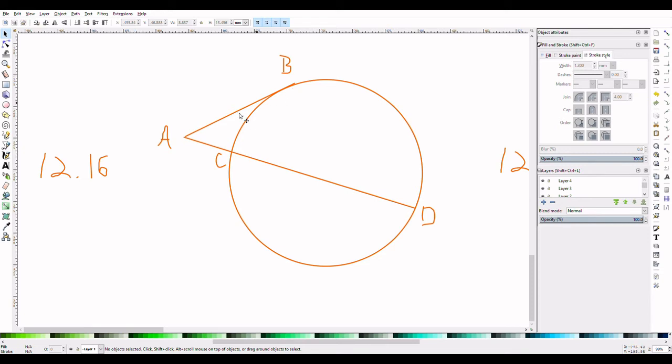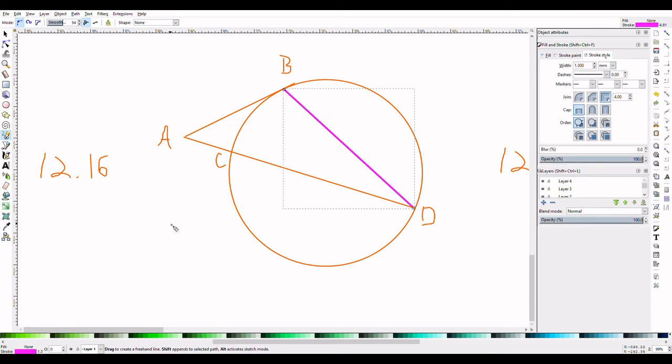To demonstrate that we're using essentially the same formula, I'll draw a line from B to D. Arc BD is 110, and arc BC is 40 degrees.